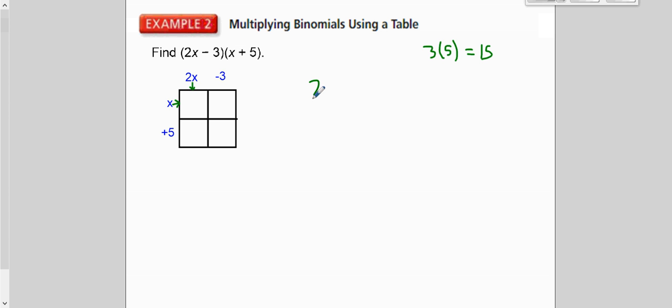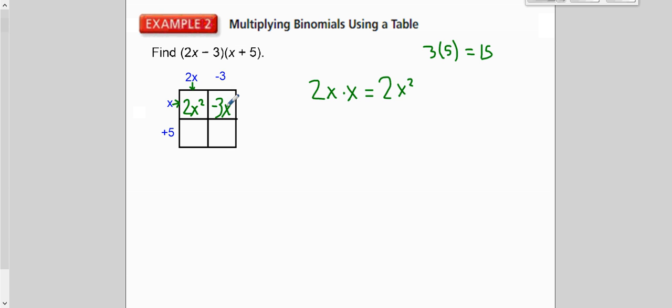2x times x. X times x is x squared, and then times 2 is 2x squared. So 2x squared goes in this box. Negative 3 times x. When you write a number and variable next to each other, that means multiplication.